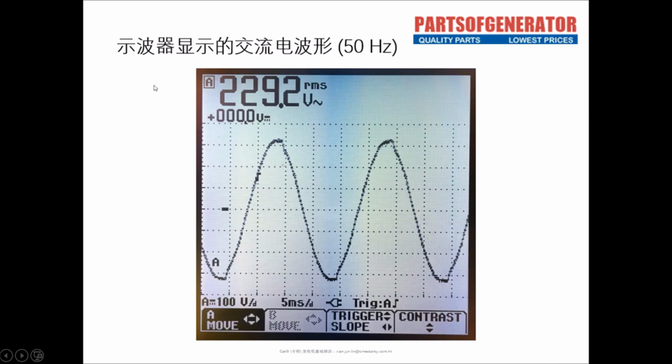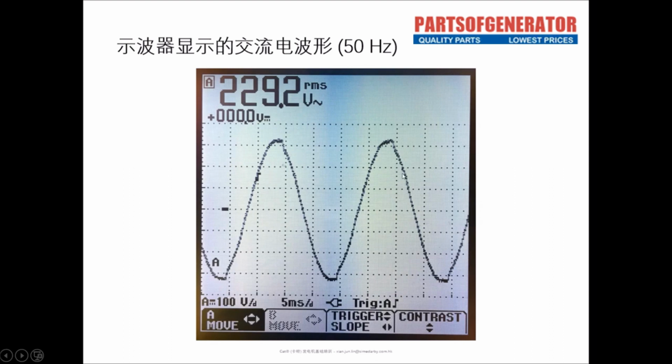This is the maximum value of alternating current, and then the effective value of alternating current. For example, when we use alternating current to heat a certain device, it is to convert electrical energy into thermal energy. At this time, we can calculate its effective value based on the heating effect produced by alternating current compared with direct current.